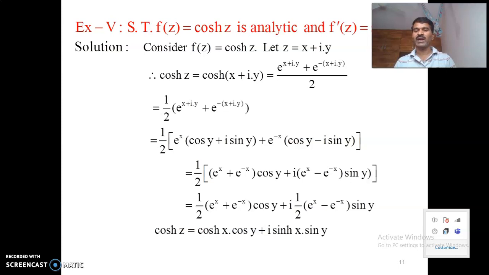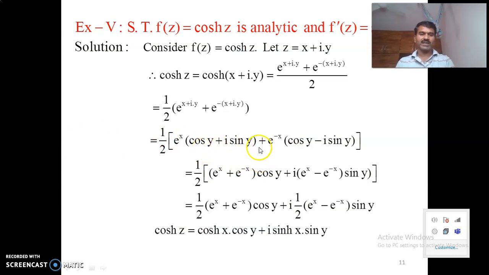As we know, cos hyperbolic z is cos of x plus iy, and cos hyperbolic x is always e power x plus e power minus x by 2. You can use that result or formula here, and then you will have the result in this form.